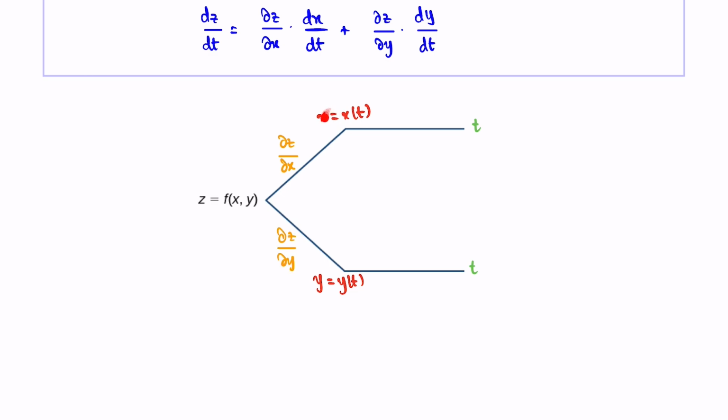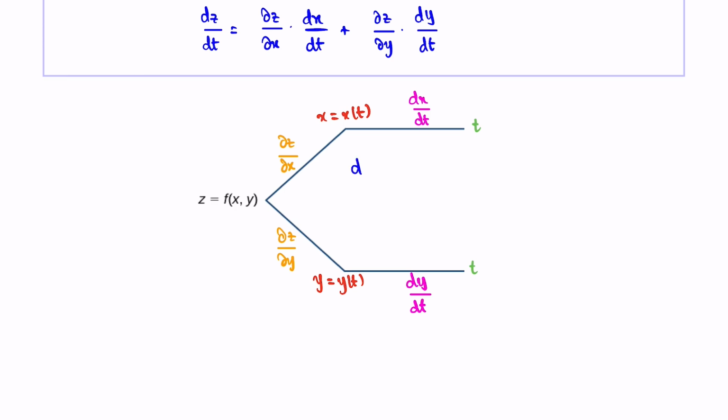And when you want to take the derivative of x with respect to t, because x only depends on t, you use the regular derivative. That is dx dt, and here is dy dt. And you combine everything together to arrive at the chain rule of the function of one variable. In this case, the one variable is the parameter t.